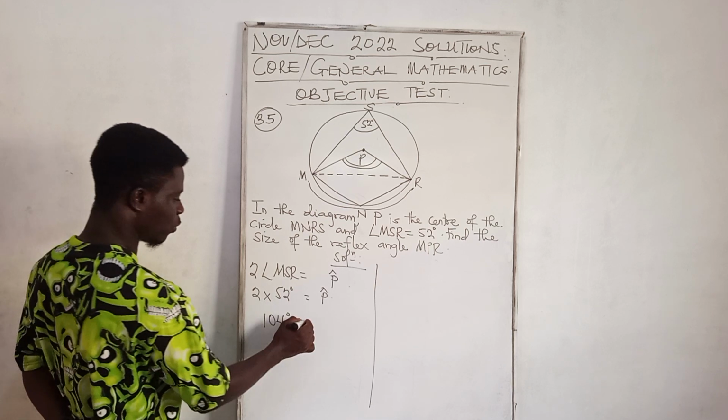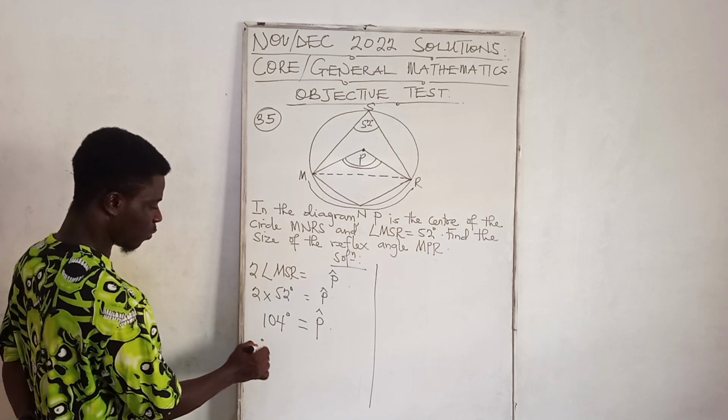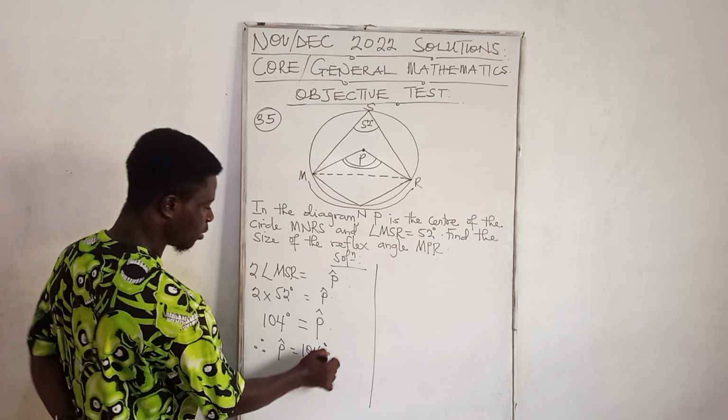We have 104 degrees must be equal to angle P. So therefore, we have our angle P equals 104 degrees.